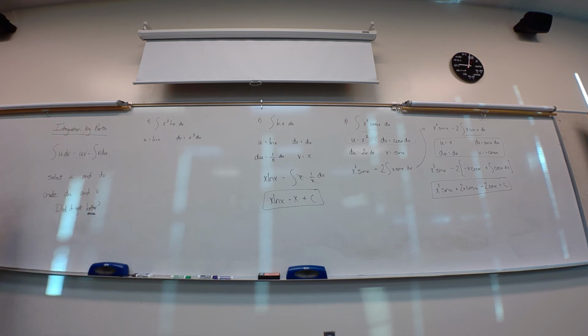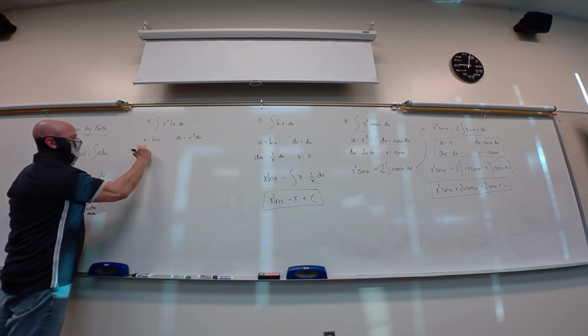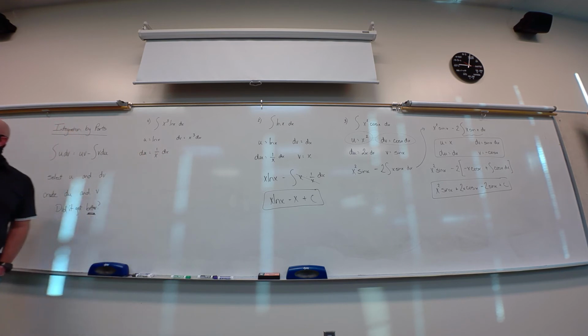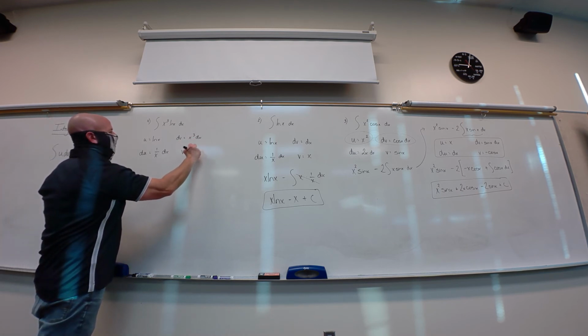It is a lot of times, but it's not always. The reason I don't mind u being ln is that the derivative works out pretty well, just 1 over x dx. And v is x to the 4th over 4.